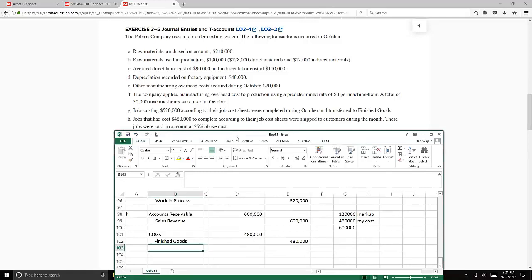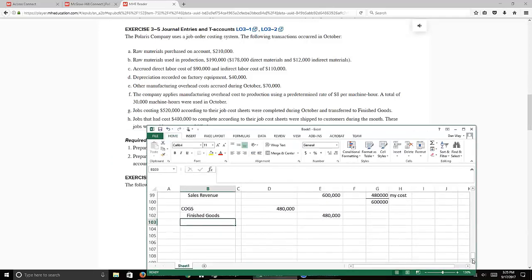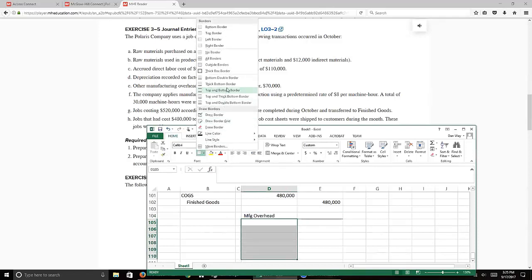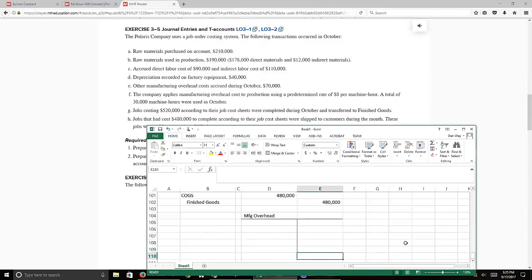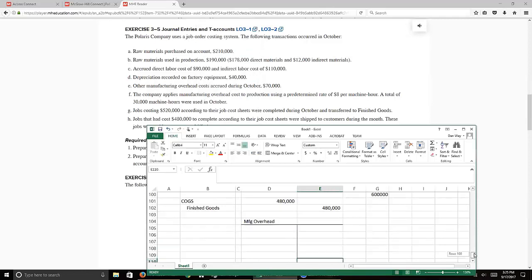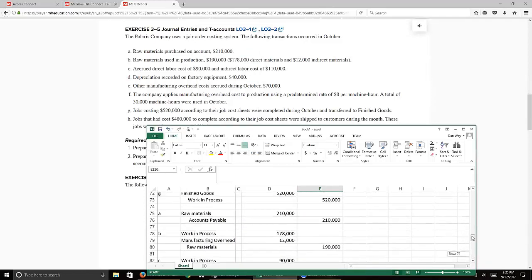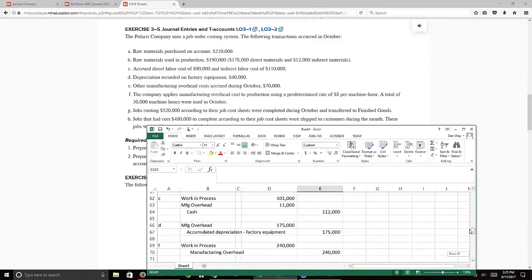Now it also asked us to do some T accounts for overhead and work in process. Let's at least try to look at overhead here. A little T account. And I apologize, I'm going to have to do a little scrolling here. So we accumulated some overhead costs back in the beginning here.